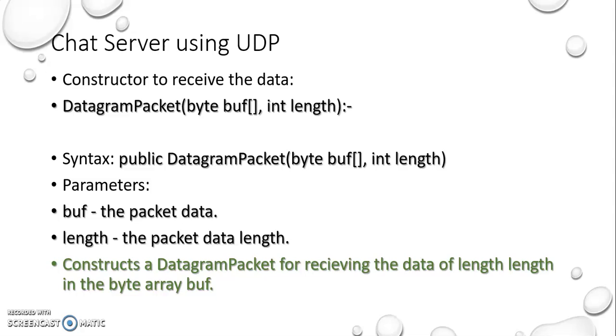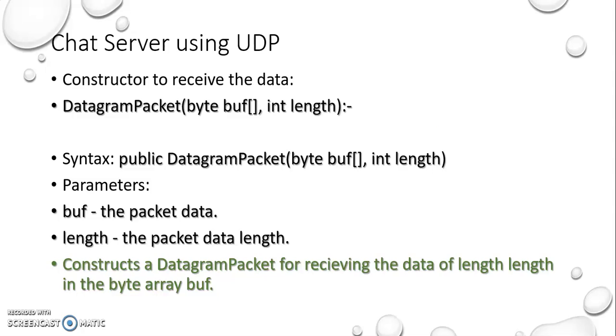So the constructor to receive the datagram packet is DatagramPacket(byte buffer, int length). So then the datagram packet parameters are buffer and length, and the constructor constructs a datagram packet for receiving the data of length in the byte array buff, so that a new datagram packet is created now.